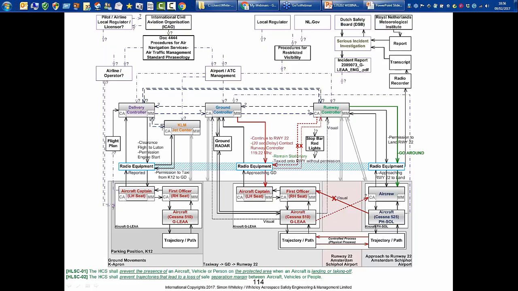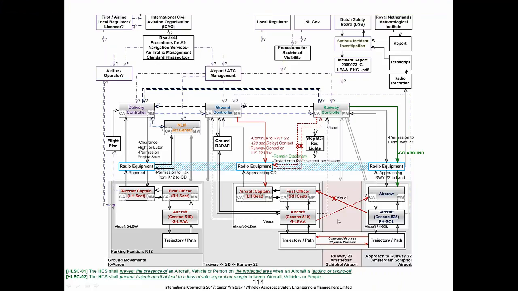So with the STAMP-based approach, when you create the control structure, and particularly when you do STPA, you're examining the control structure, you're looking at all possible circumstances and potential outcomes. Now, how those outcomes come about, whether it's a malicious intent or an unintended intent, doesn't really matter.